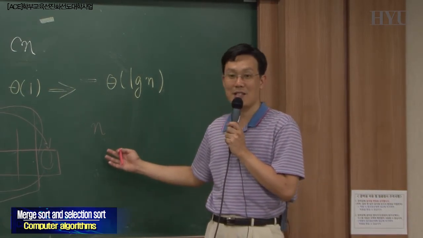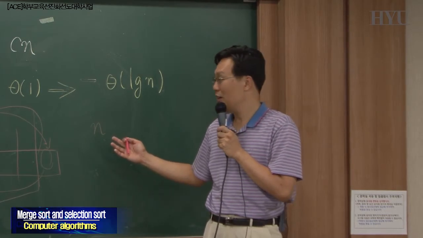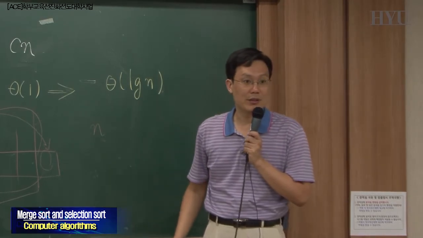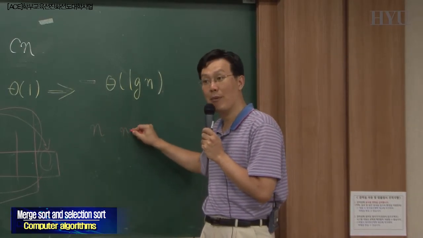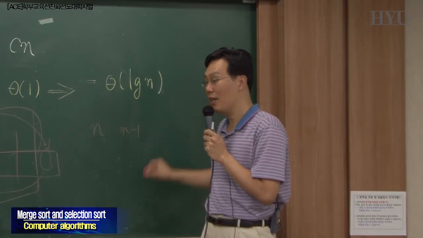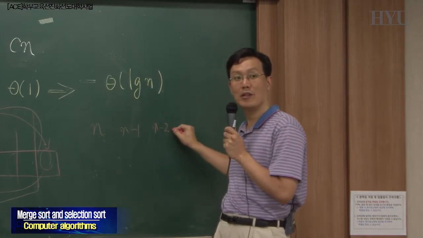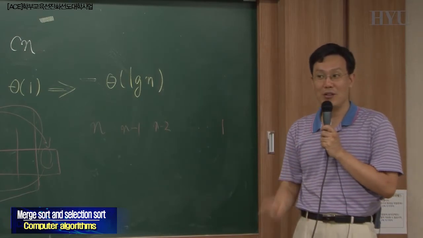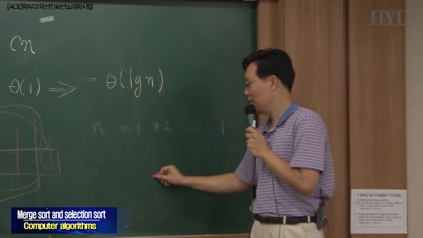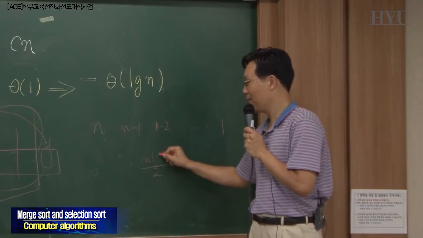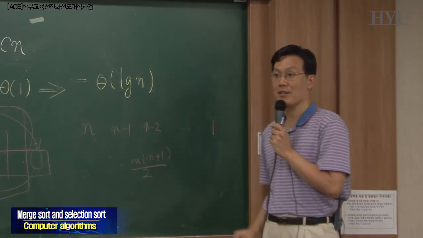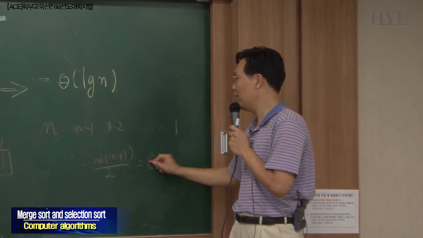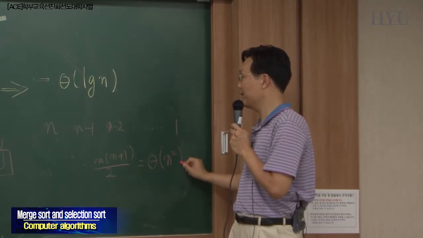And what's the number of operations in the next round? N minus 1 operations, then n minus 2. Then what is the summation of this value? This. Then it is theta of n squared.